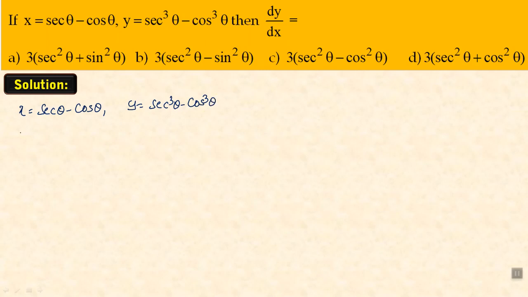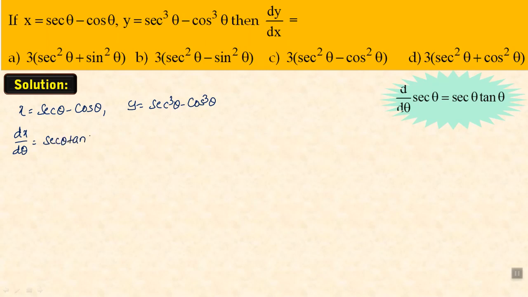Here, differentiating with respect to theta, we get dx by d theta is equal to differentiation of secant theta is secant theta into tan theta minus differentiation of cos theta is minus sin theta. So here minus into minus plus sin theta.